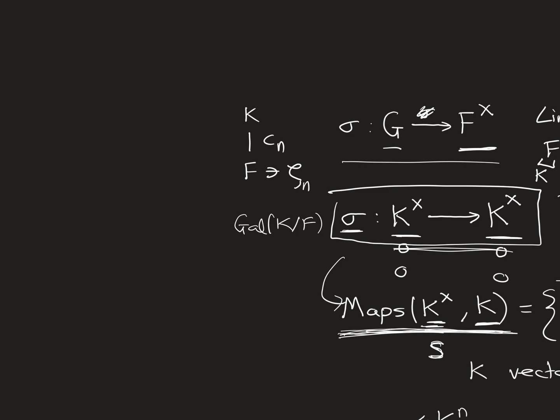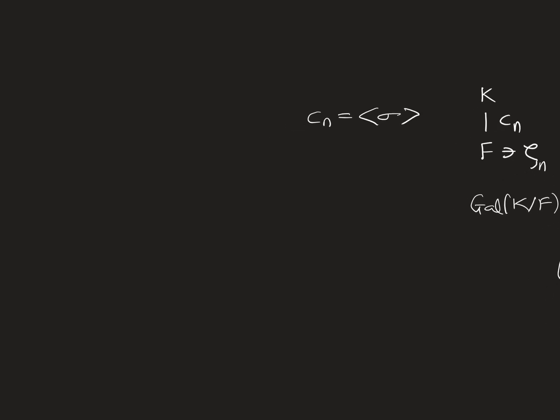So my cyclic group Cn, let's say that it's generated by sigma, so it's a cyclic group, so it will have a generator. Let's call the generator sigma, and then all the other elements of it are just powers of sigma. So I'm now going to take this K-linear combination of my elements of the Galois group.